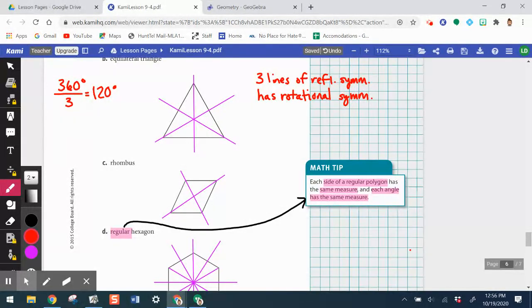In this case, 120 degrees is our angle of rotational symmetry. In other words, we could rotate this equilateral triangle 120 degrees around this center point, and it will appear to have not moved, or in this case, mapped onto itself.